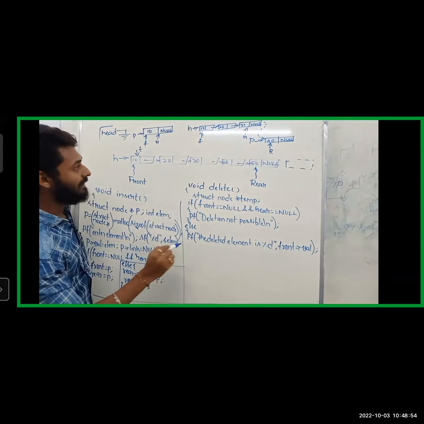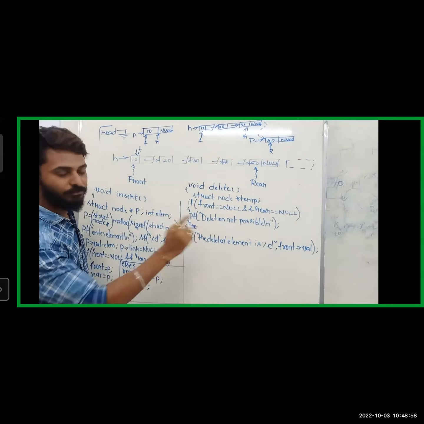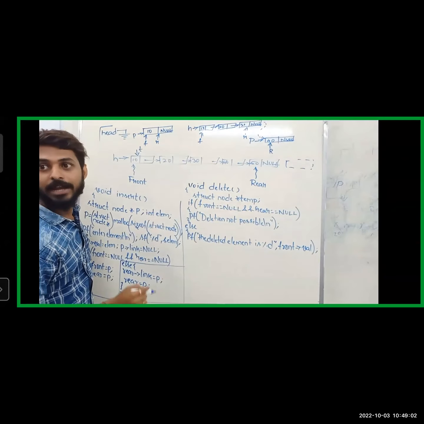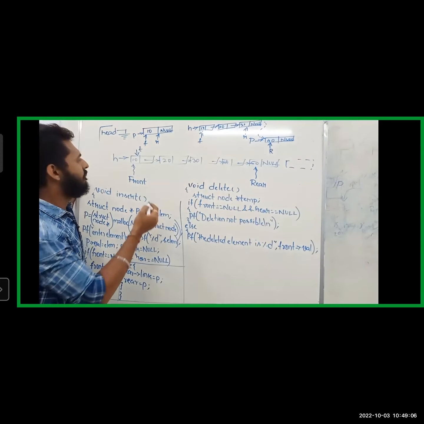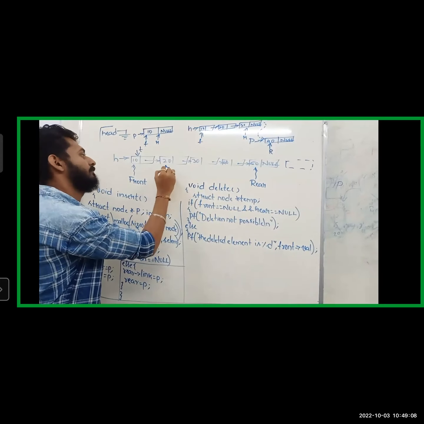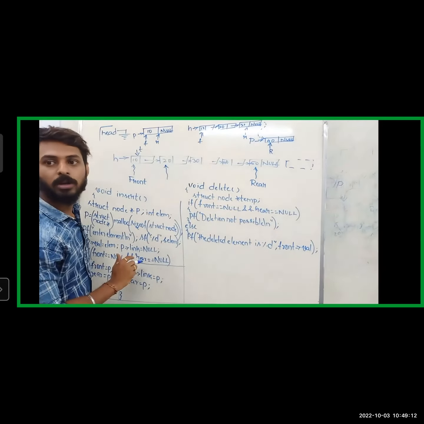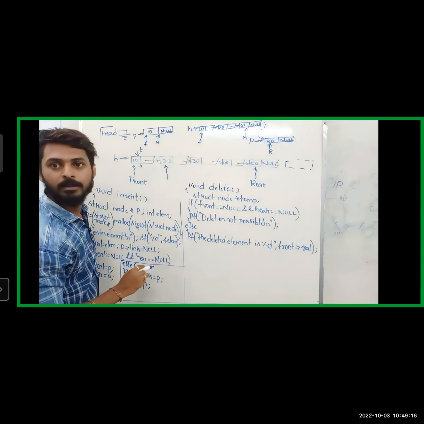Front's value is printed. Now what should I move? I should move my front pointer to the next position. Fine, sir, I will move it here. Then how will you delete this? Getting my point? So I should have someone as a reference to delete it. How can I do that?